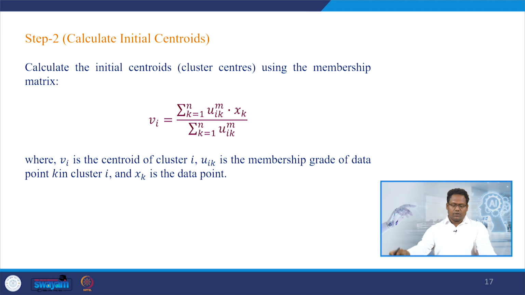Step 2 is calculate initial centroids. Calculate the initial centroid, that means the cluster centers. In case of 3D data points, it is a centroid.